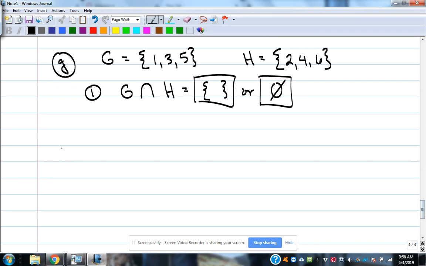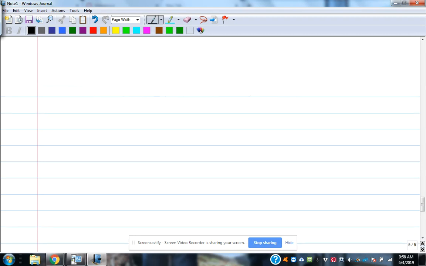All right. The last thing that we're going to talk about in this particular section is a thing called the complement of a set. So complement, COMPLEMENT, not complement with an I, complement with an E of a set.